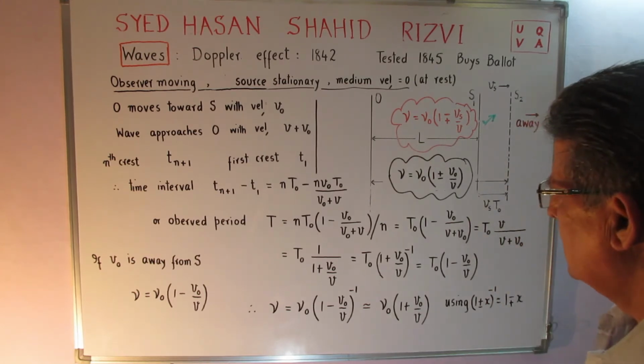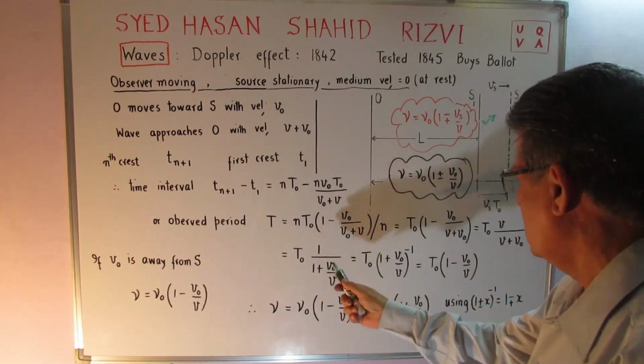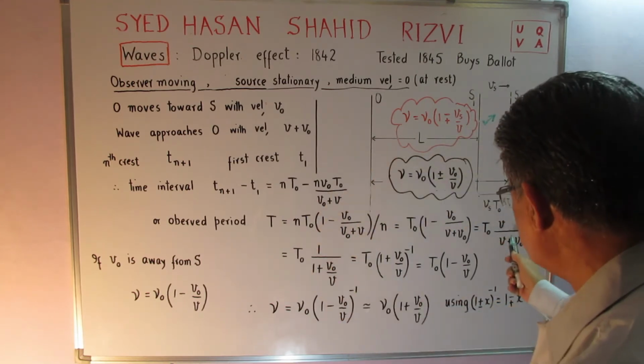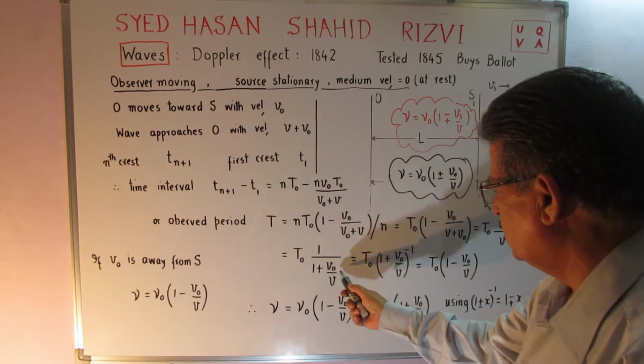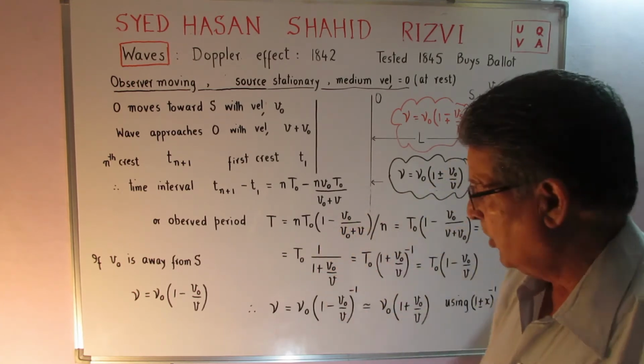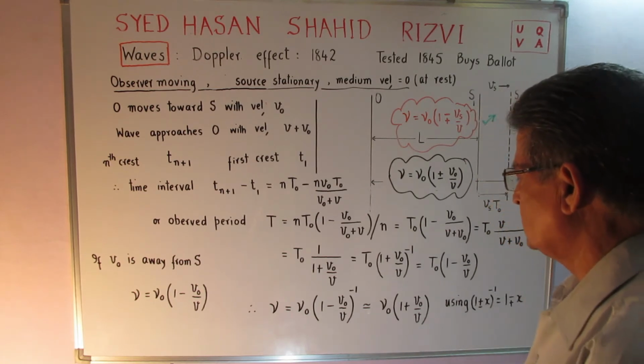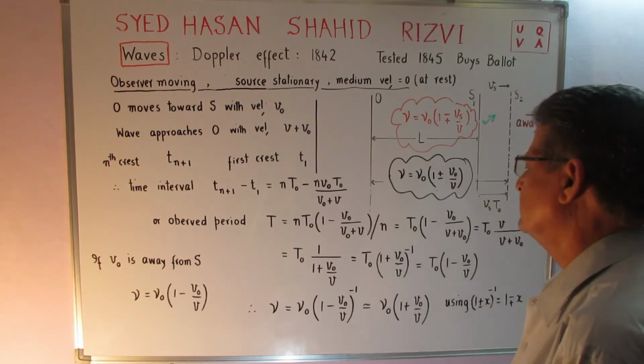So t is equal to t0, and dividing up and down by v, I'll get 1 divided by (1 plus v0, v observer, upon the velocity of the sound wave).